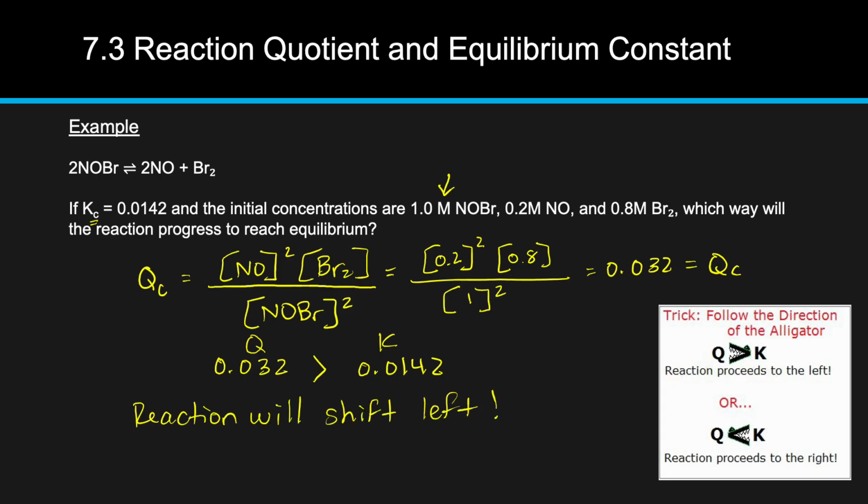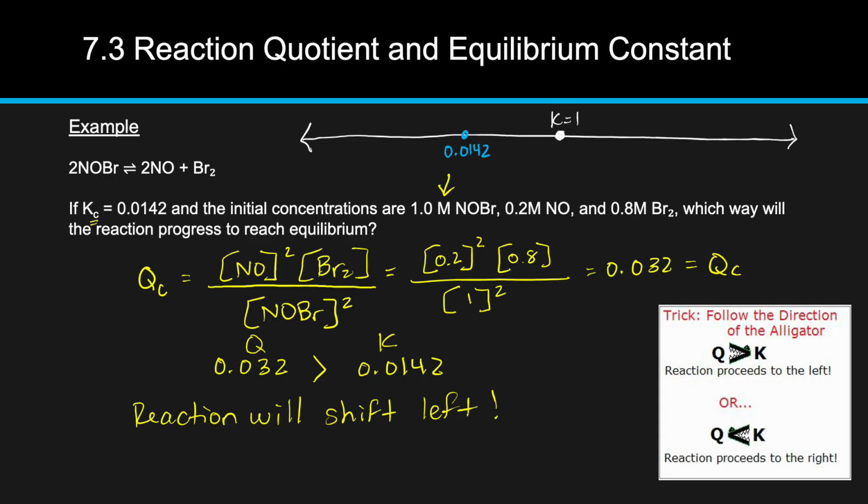And I know in our last lesson we talked about that number line and visualizing it for K. You can do the same thing with Q. So remember, in our number line, when K was equal to 1, that means we have the same proportion of reactants as we do products. Well, we are given K in this reaction, and we can see that it is about 0.0142.